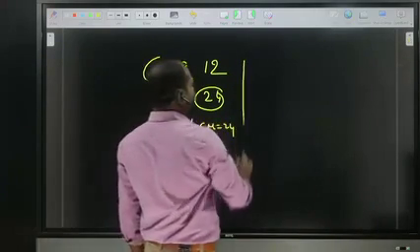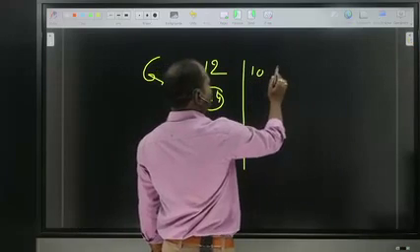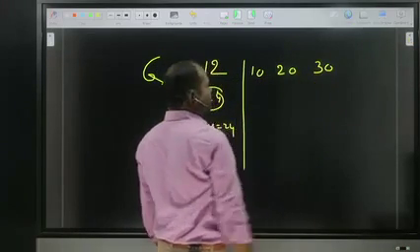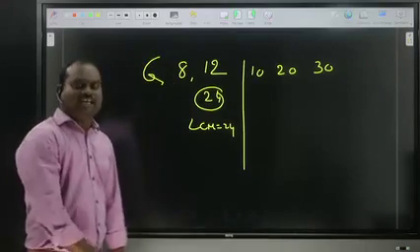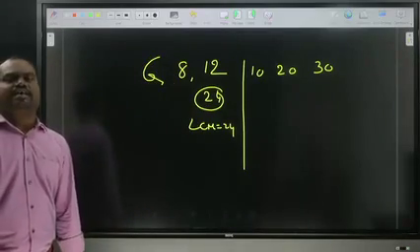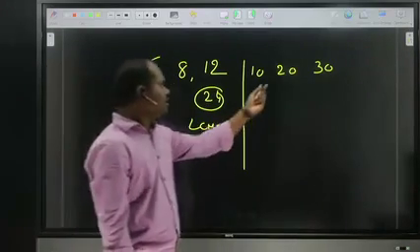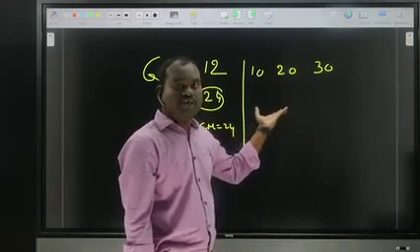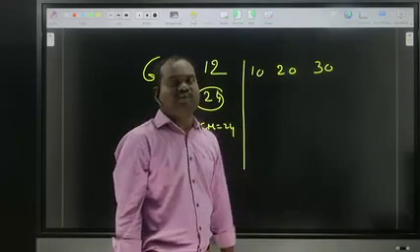For example, 10, 20, 30. If you want to find the LCM of these numbers, what is the highest number? 30. 30 we will get in the 10 table, but we will not get it in the 20 table. So 30 is not the LCM.